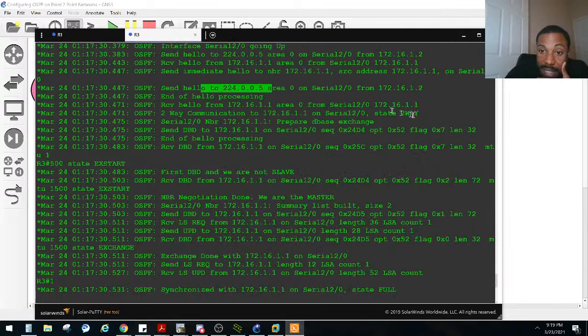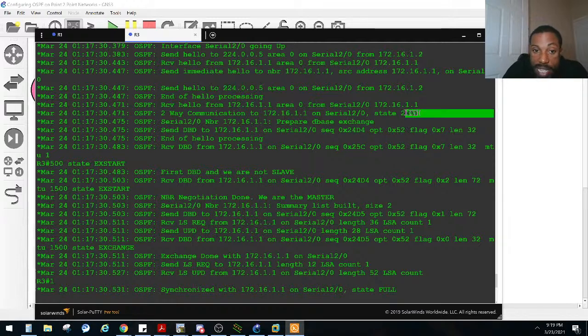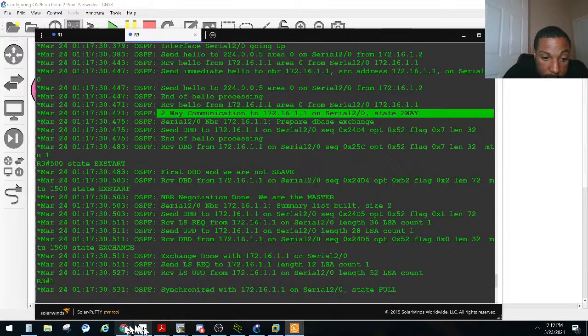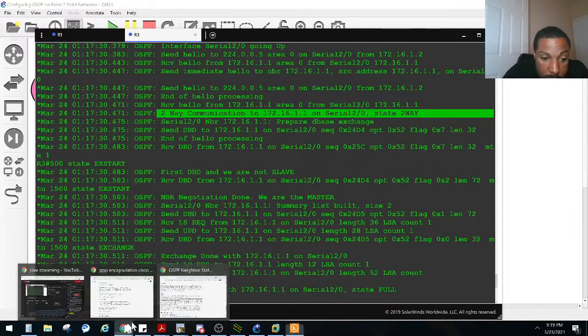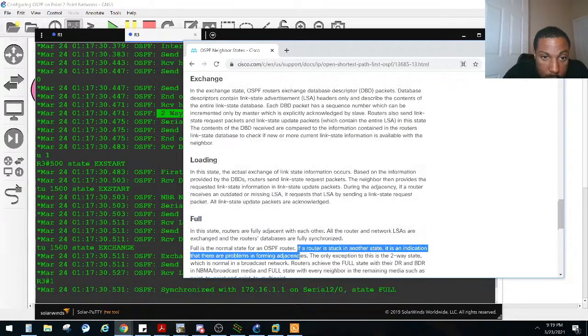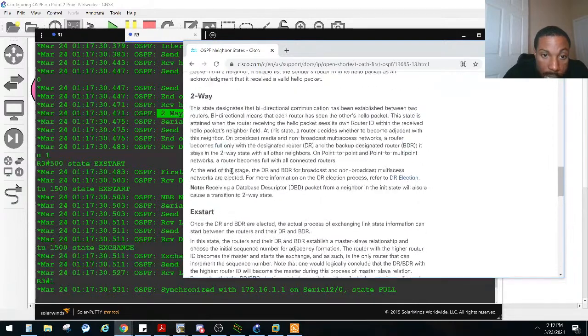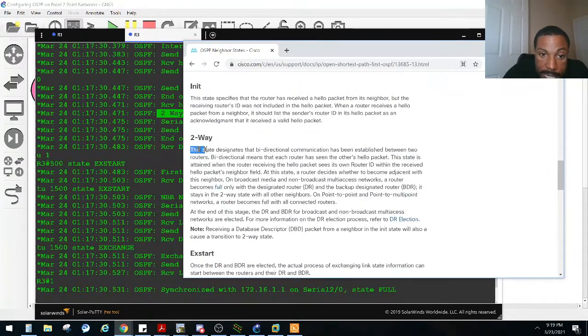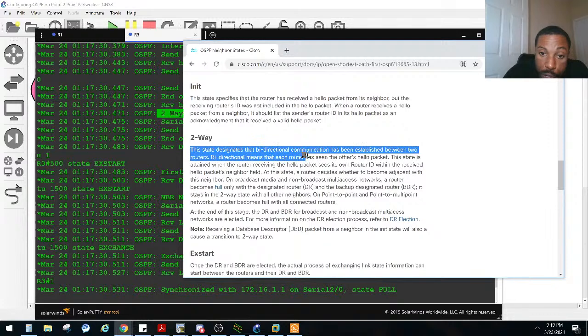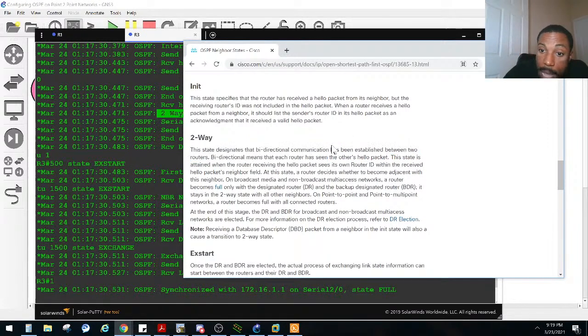And there goes some of the states that I wanted to see here. We went into the two-way state right there. Two-way communication. What's that? Go to that documentation, and two-way is right there. This state designates bi-directional communication, which is what Mario C was mentioning, has been established between two routers.